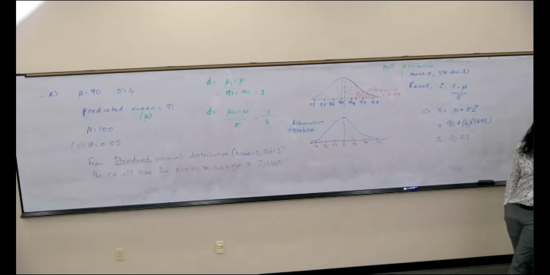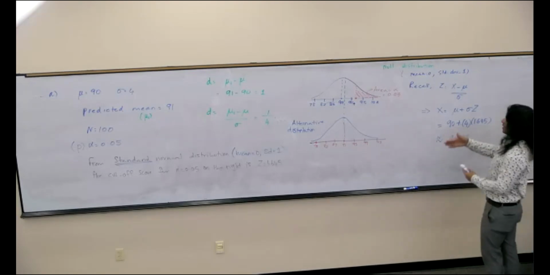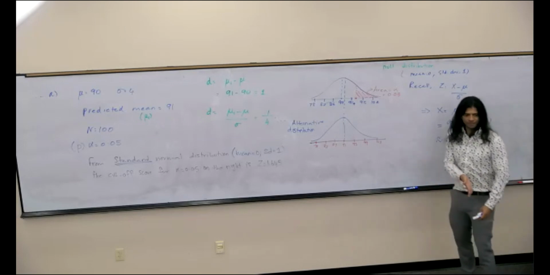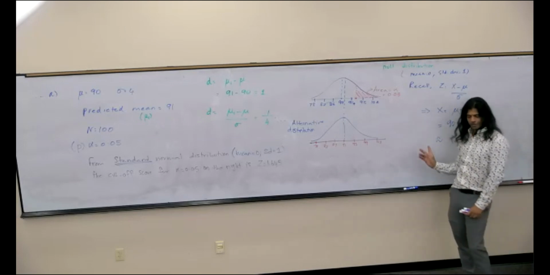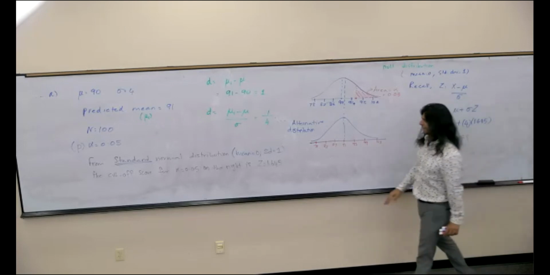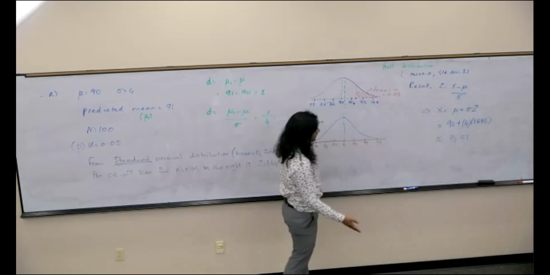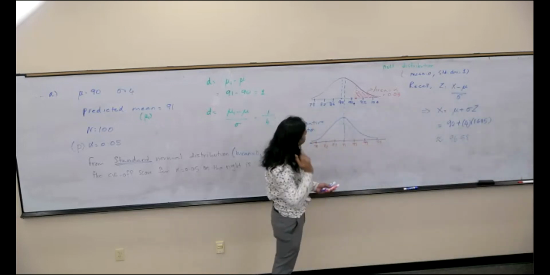I'll give you a hint, there's a minus. Beta is the type 2 error. It's 1 minus beta. So power is simply the complement of beta. So if you know the power, you can find beta. So how do we find power?